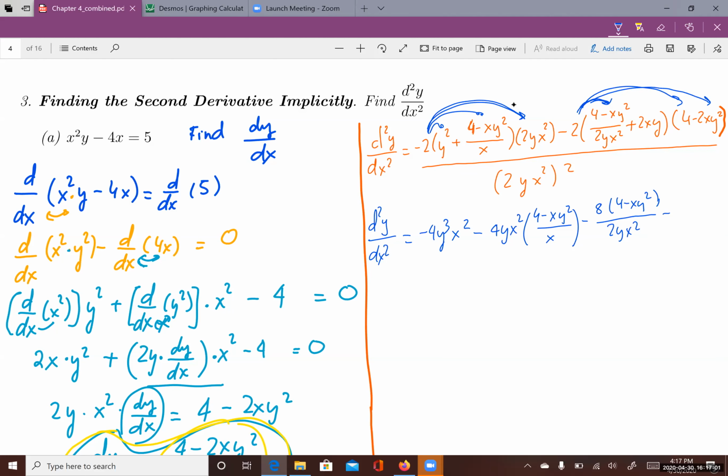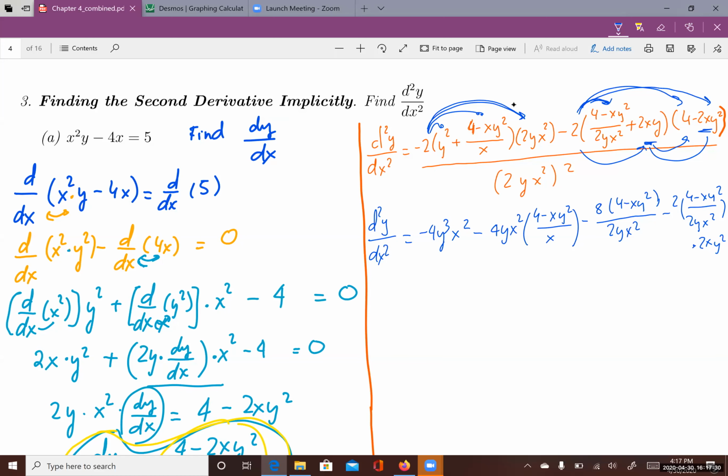So I get negative 2, 4 minus xy squared divided by 2yx squared. I'm running out of space here. And multiply to 2xy squared, right? So that's just the first term here, and I need to multiply this term to here and this term to here.